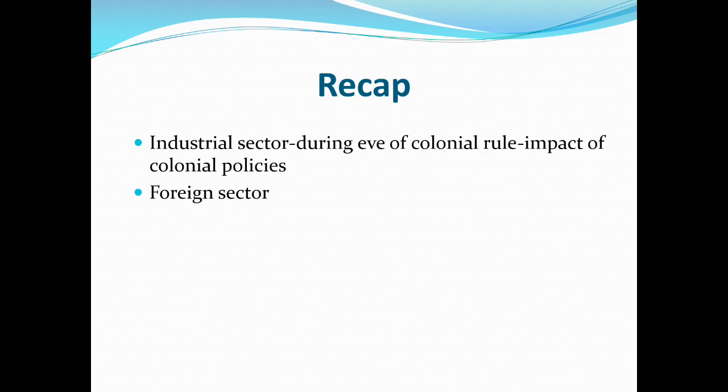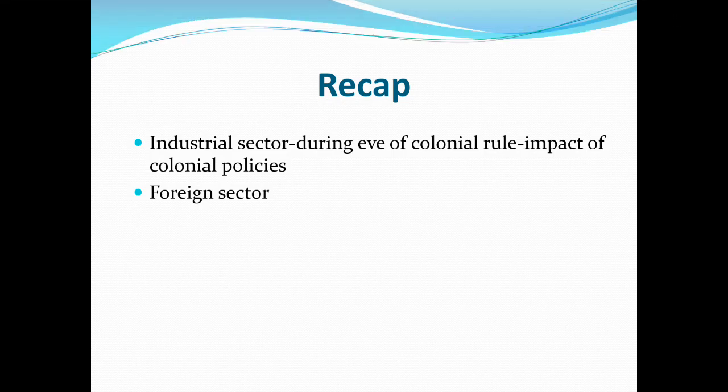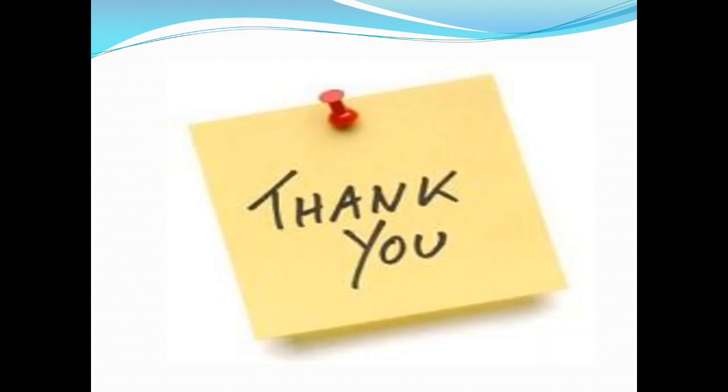They always wanted India to supply raw materials only to their preferable countries, not to the countries where India could benefit. Then the demographic condition during the colonial rule, and poor social development indicators.